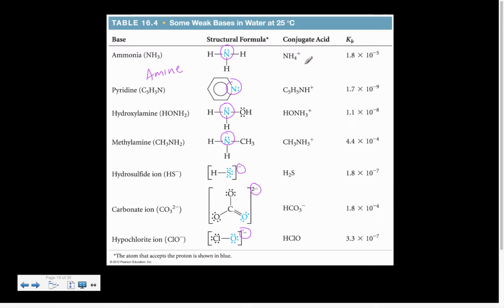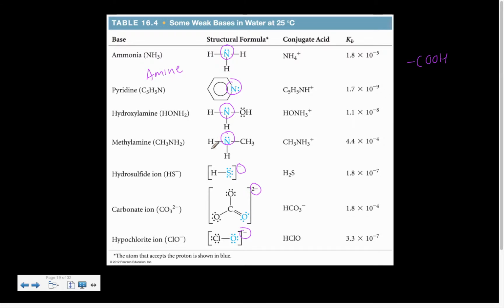Whereas that COOH group, for example, is referred to as a carboxylic acid group, these are referred to as amines, where I have a nitrogen bonded to up to 3 different things, usually hydrogen or carbon groups. We can call them primary, secondary, or tertiary amines, but that's not really what you need to know. You just need to know that these are our weak bases.